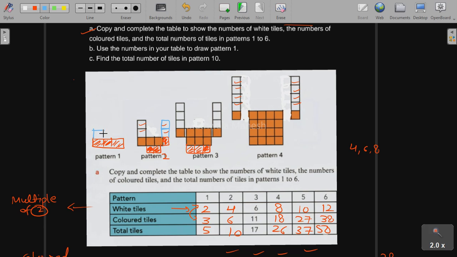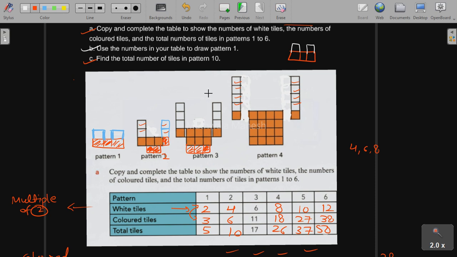It means we can see that 2 white tiles. Okay, so 2 white and 3 colored. So this is pattern 1. I will draw here, 1, okay, and 2 are white. This is question number B.